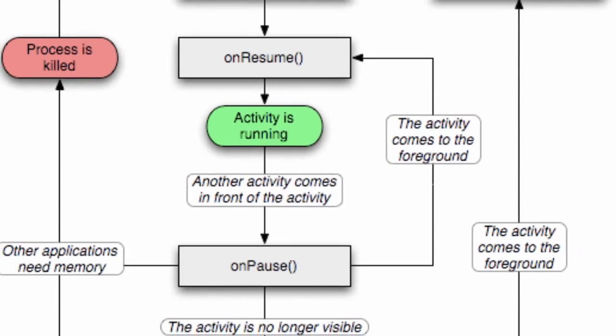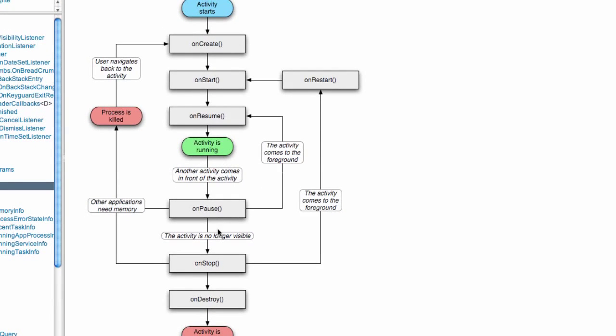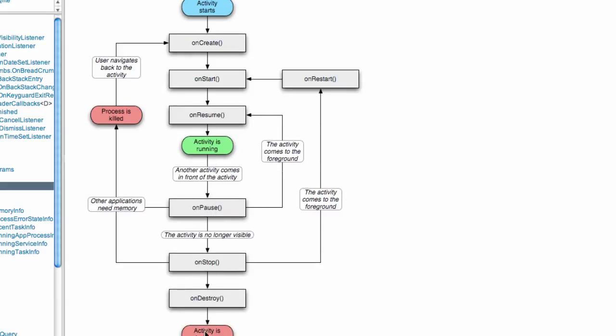So the only method from our activity class that we are familiar with is this onCreate method. But we're going to use some of these other methods as well. Sorry, I'm getting ahead of myself here. What I want to show you guys is that besides onCreate, the only other two methods that are really important for the most part are this onPause method and this onResume method, because even if our activity gets destroyed, it's going to go through this onPause method before it goes through these methods as well.